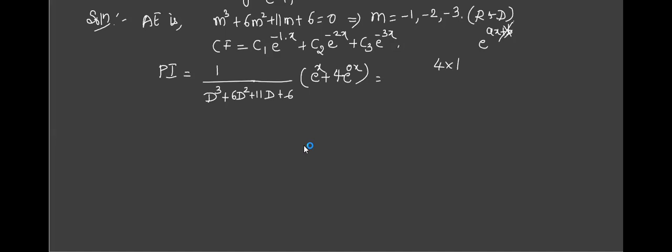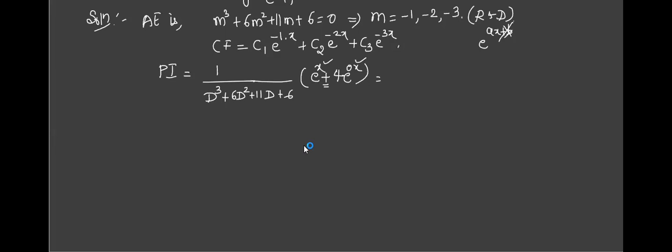We cannot. Since the plus sign is there, what to do with that? You write it as 2 terms. In between there is a plus. Because this is to be operated on this function as well as on this function.